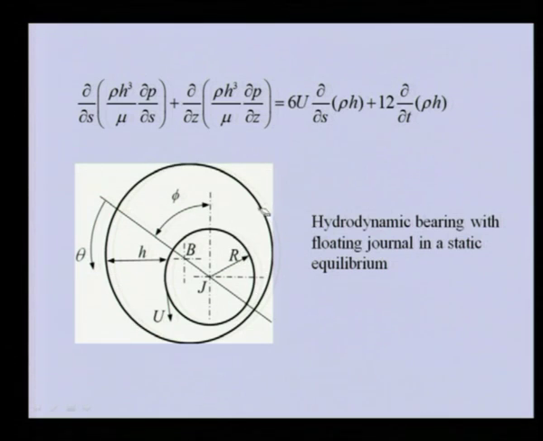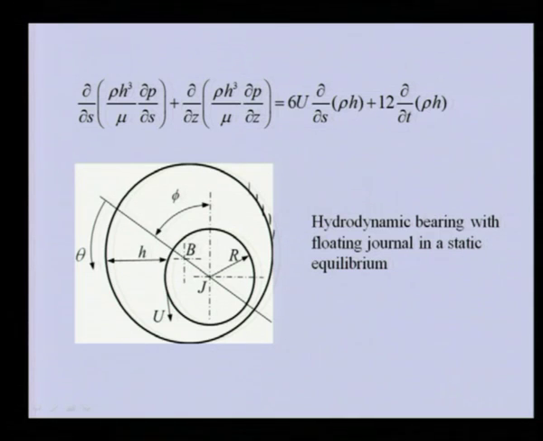This is the bearing which is fixed, let us say, and this is the journal, and this clearance will generally be very small, of the order of microns, but I have exaggerated it here so that I can show various parameters on this. So between the journal and the bearing, lubricant will be there, and this gap will be of the order of microns.